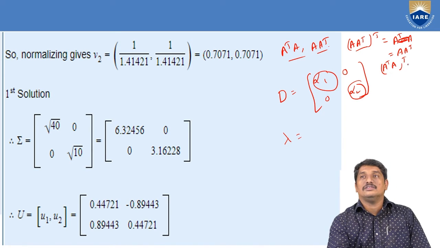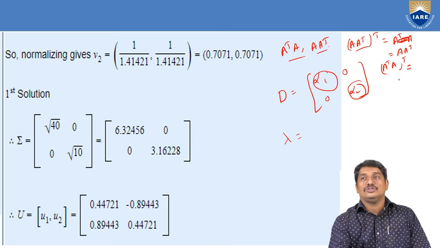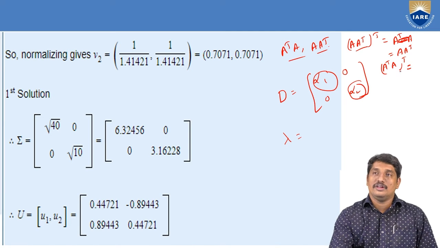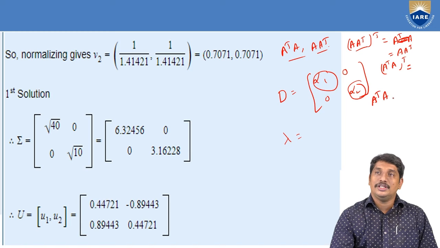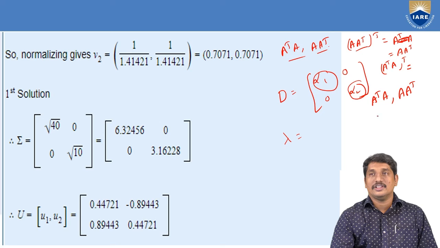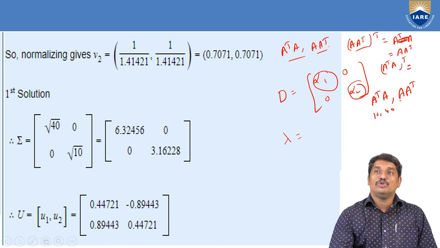You can understand both are symmetric. That is why the eigenvalues will coincide with each other. Always the eigenvalues of A transpose into A and A into A transpose coincide with each other. That is why in this problem also we got 10, 40 for both the matrices.